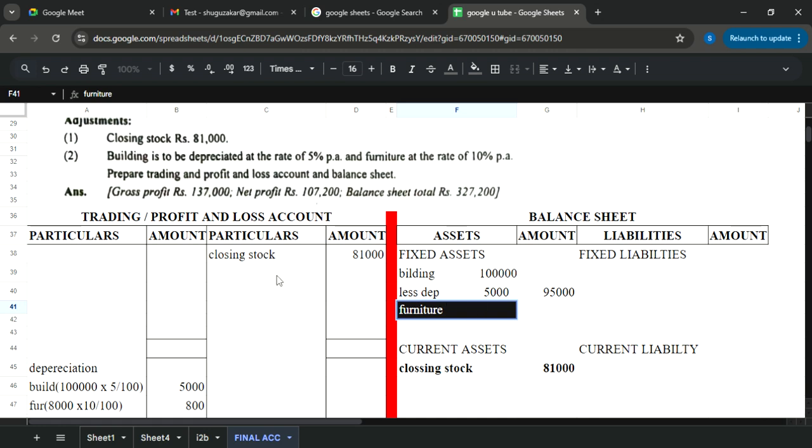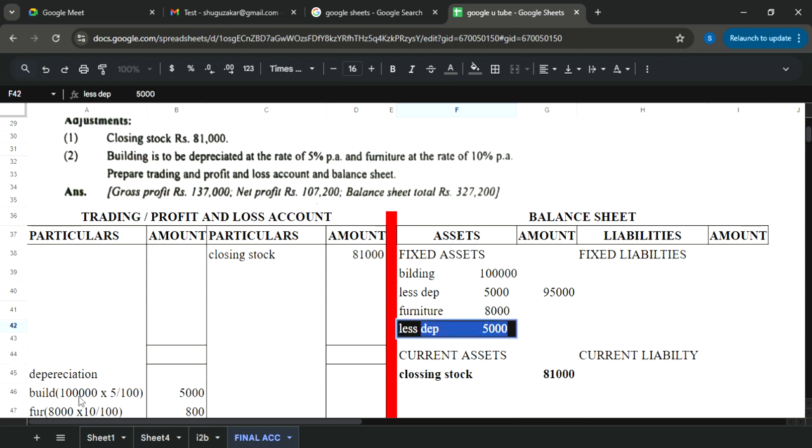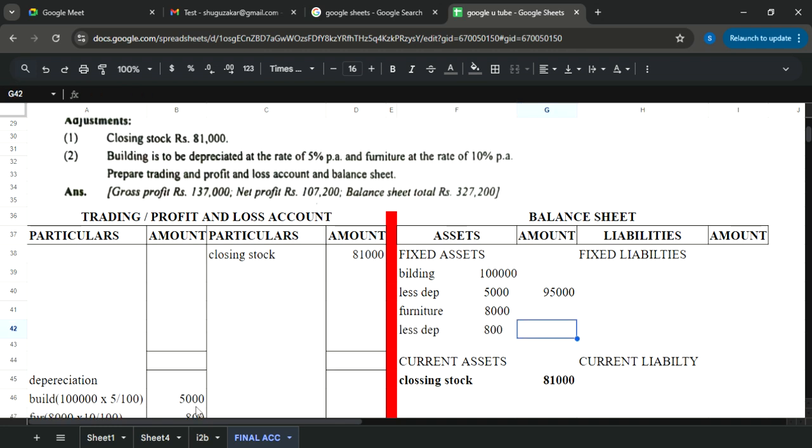Same step you will do for your furniture. Amount of furniture was 8,000 and you will write its depreciation, which is, you can see we have calculated 800. Next step is to write the balance. So 8,000 original amount minus 800 depreciation. So we have got 7,200.